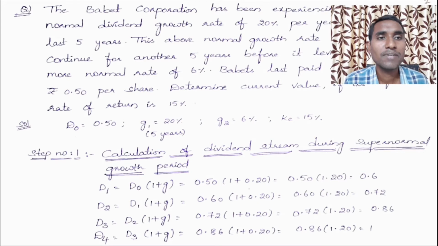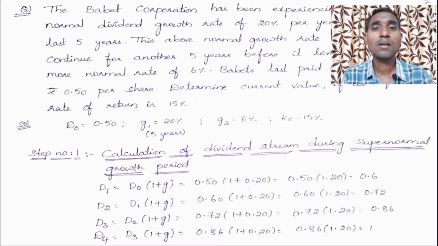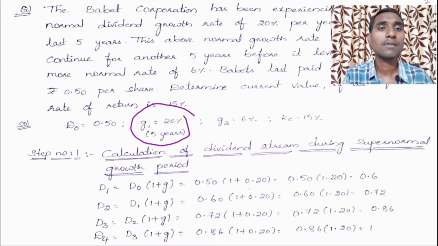calculation of dividend stream during supernormal growth period. We need to calculate first the dividend stream for the supernormal growth period. The supernormal growth period here is 5 years. So for 5 years, the dividends will be growing at 20%.